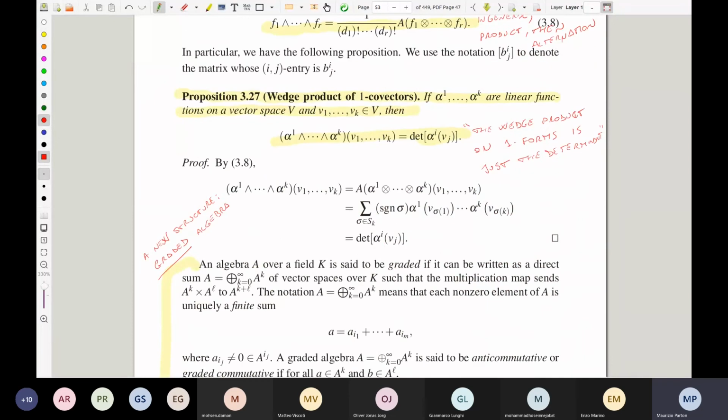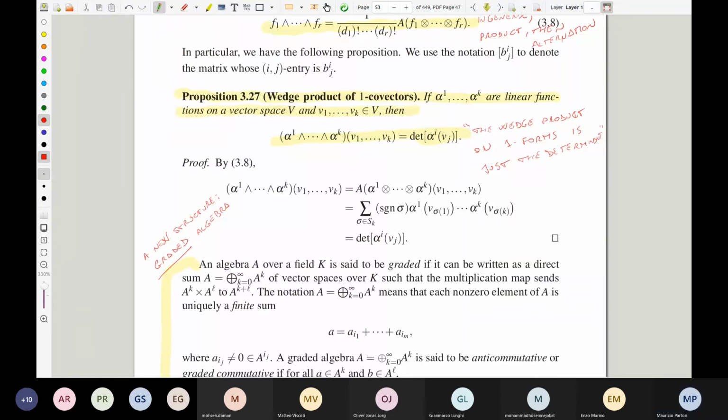We can skip this. Okay, we need this definition. When I have an alternating form of degree k, I can take all the alternating forms. All the alternating forms are naturally divided in subclasses: the alternating forms of degree 1, of degree 2, of degree 3, and so on.